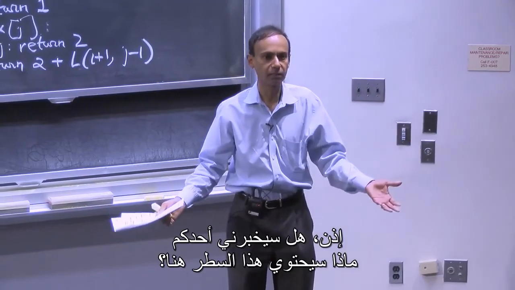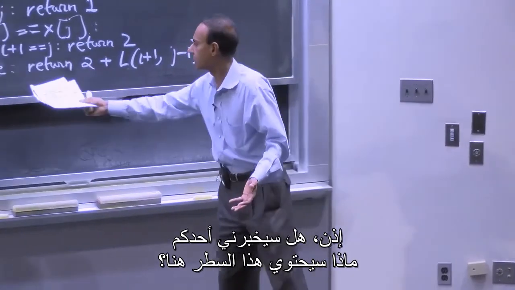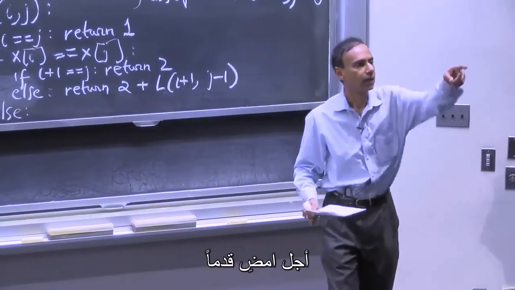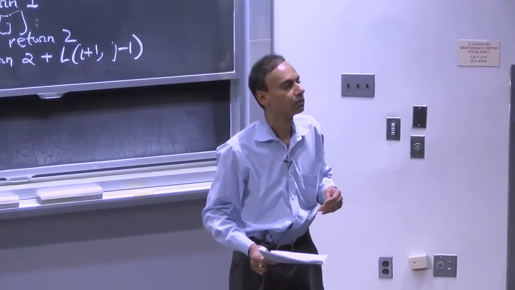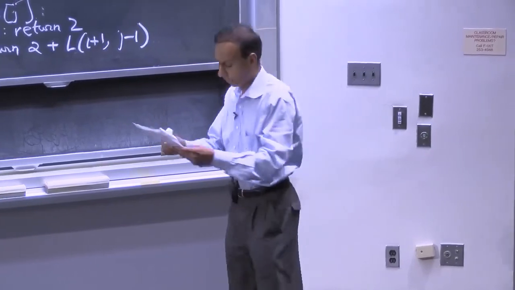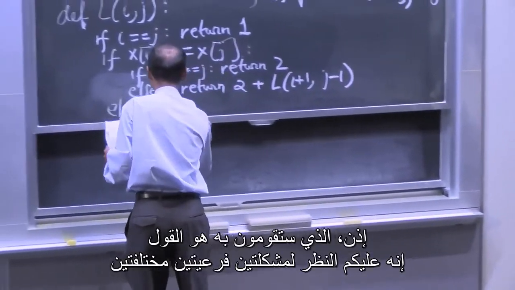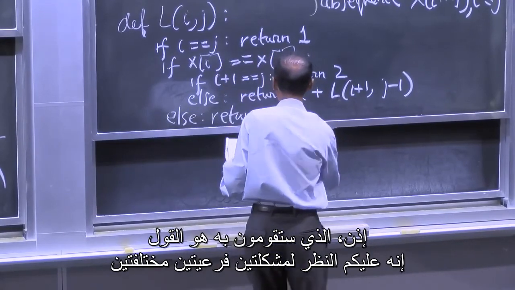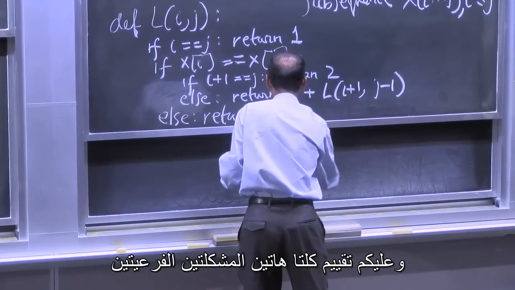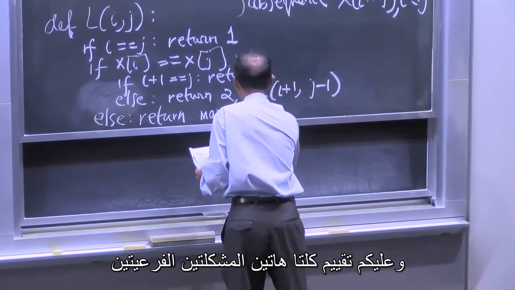Right? So someone want to tell me what this line is going to be out here? Yeah, go ahead. Max of L i plus 1, j or L i, j. Beautiful. That's exactly right. So what you're going to do is say, I need to look at two different subproblems, and I need to evaluate both of these subproblems.